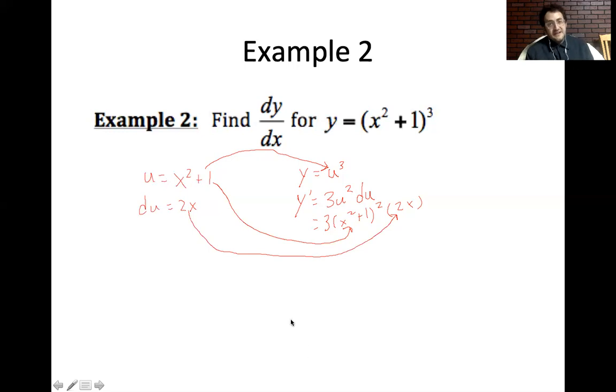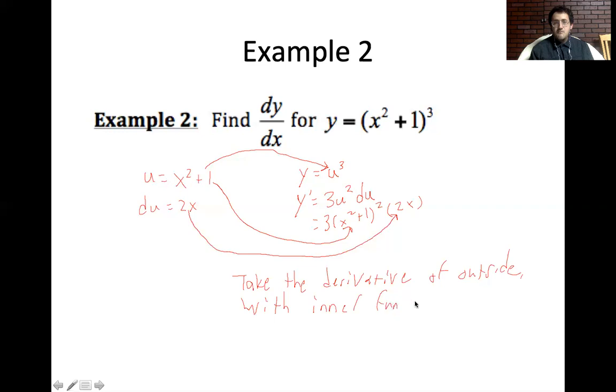So what this says is that you take the derivative of the outside, leaving the inside alone, times the derivative of the inside.